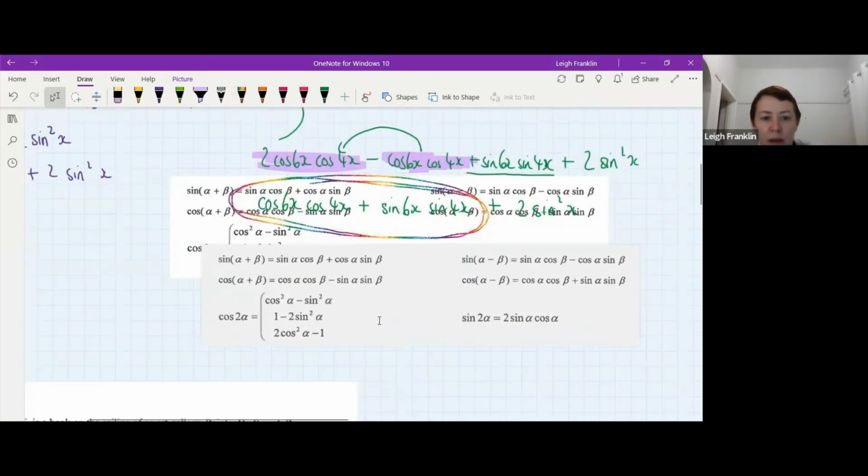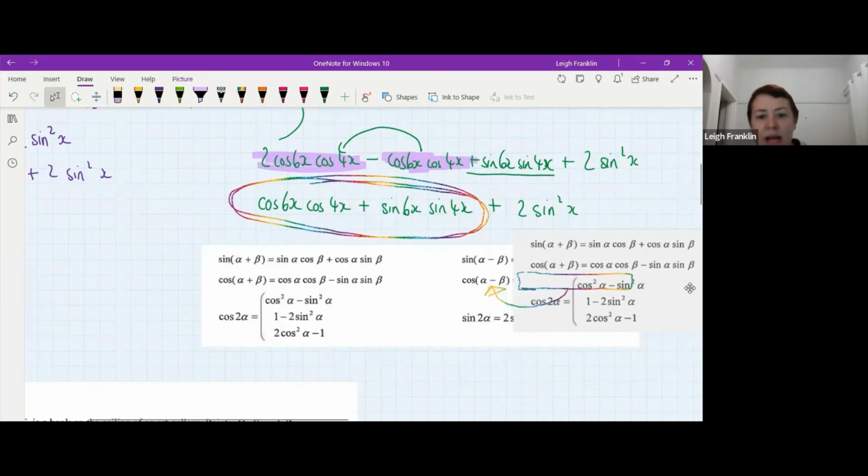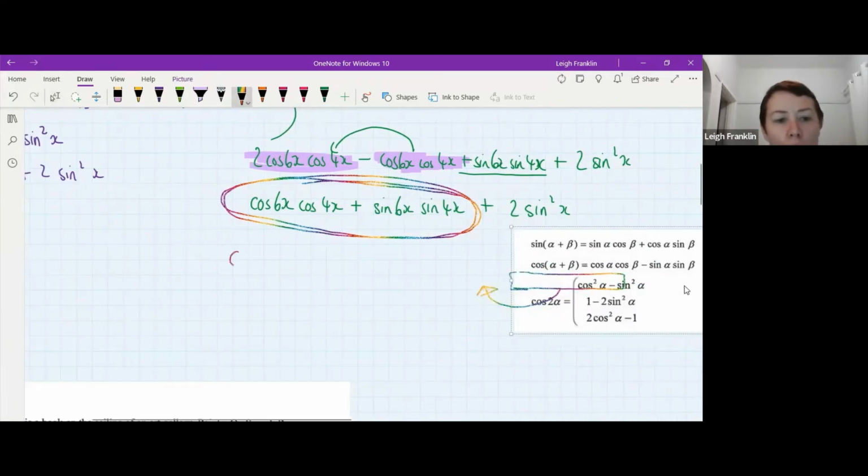What I've just drawn those rainbows around is cos A cos B plus sine A sine B. Now that you can see this, you're going to go back and say that cos 6x cos 4x plus sine 6x sine 4x is equal to cos of 6x minus 4x, plus 2 sine squared x.